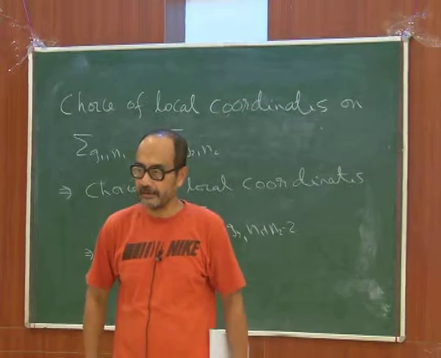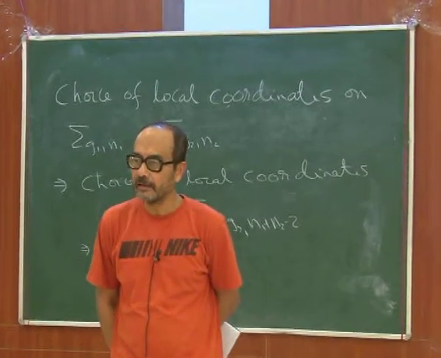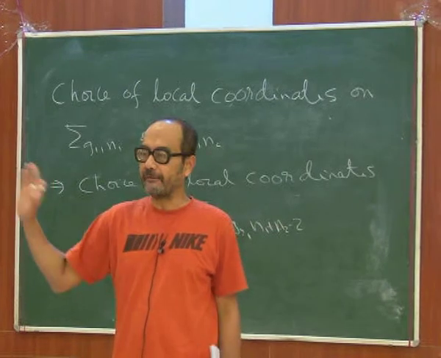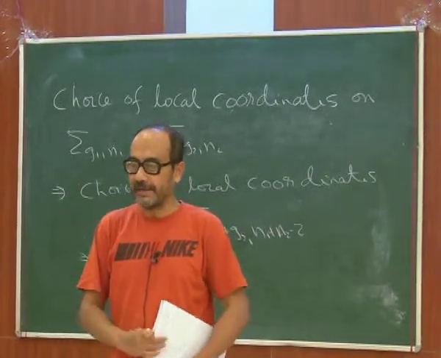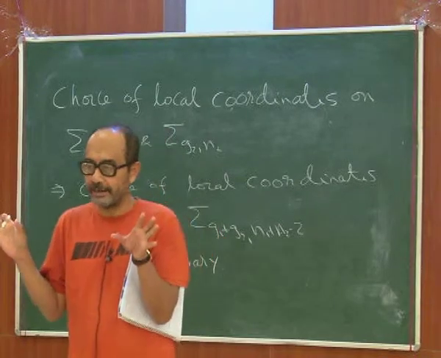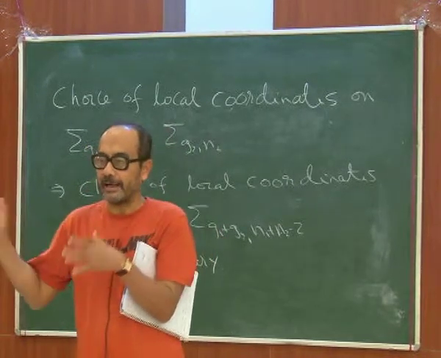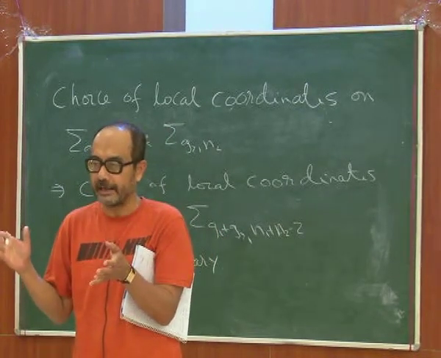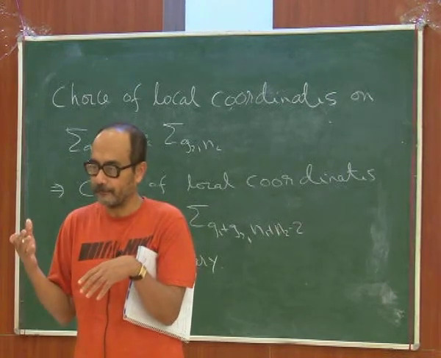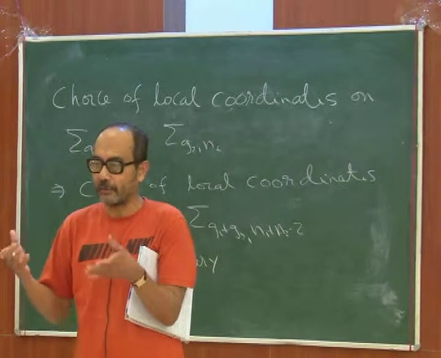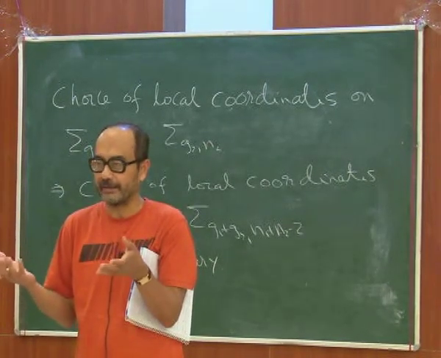Because local coordinates we have already fixed. We are not varying the local coordinates. In any given situation, we fix the local coordinates, and eventually we will want to see how the final answer depends on those local coordinates. It's like fixing a gauge. Once you have fixed a gauge, you are not varying that anymore. So in that sense, you don't have a family; it's already a fixed quantity.